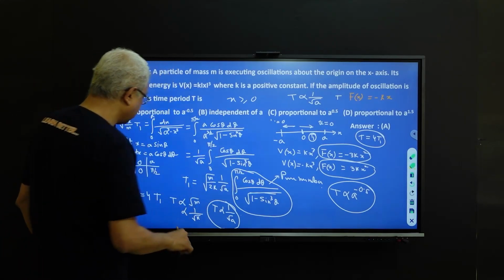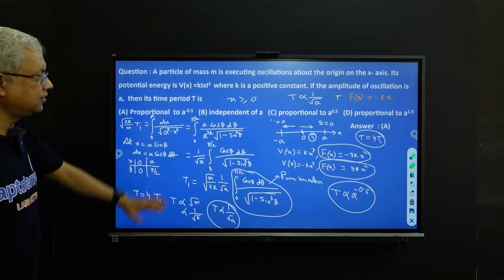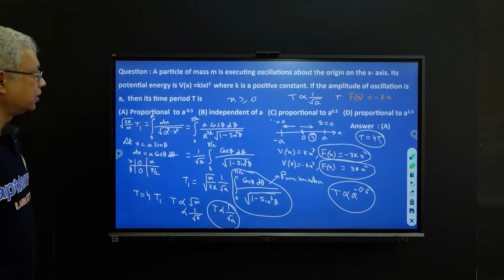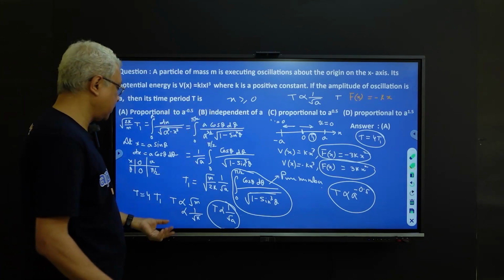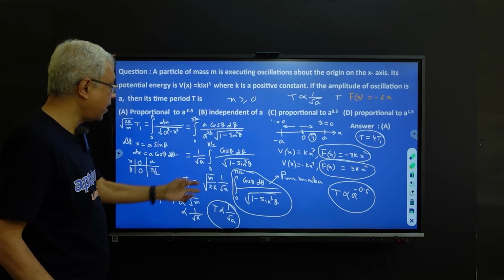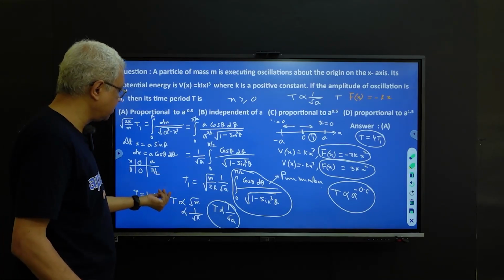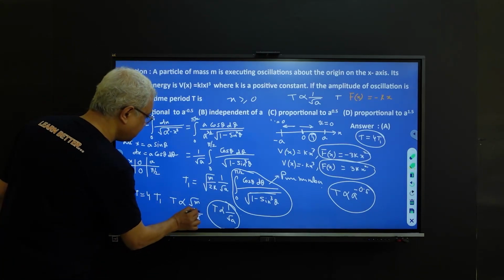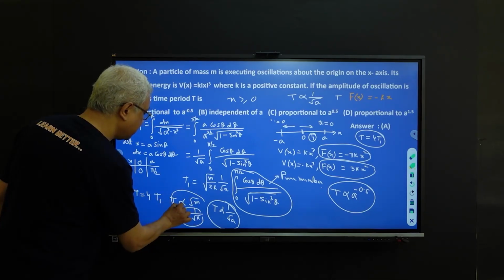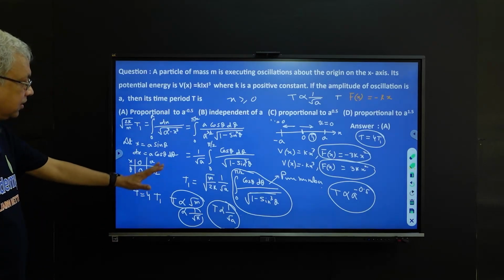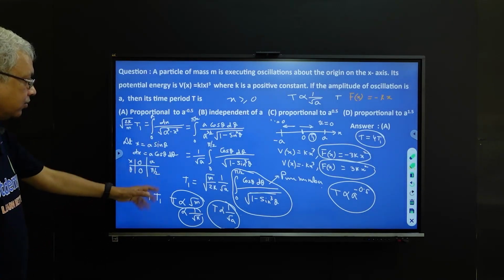So I hope you have understood how the rigorous analysis also can be done for solving this problem. If they ask what is the dependence of T on mass, then this is the dependence. What is the dependence of T on K? This is the dependence. And what is the dependence of T on amplitude? This is the dependence. So all these three things you can find out.